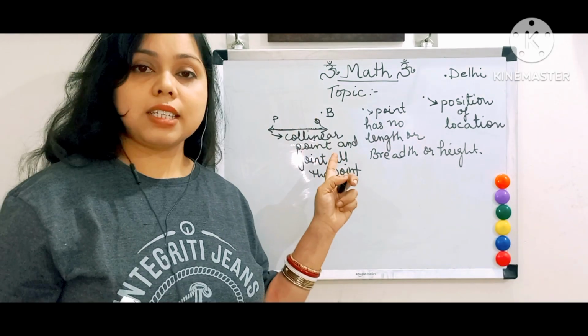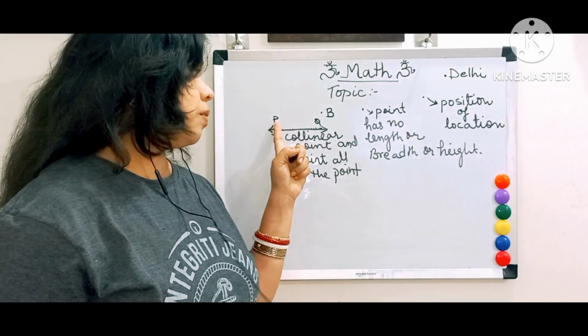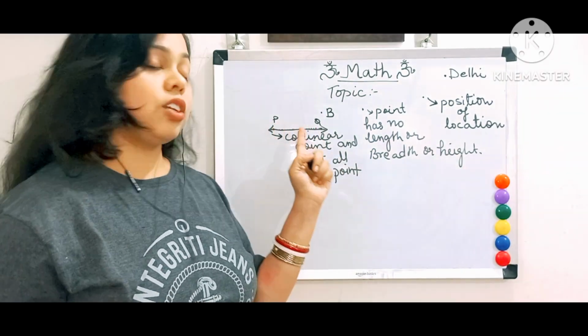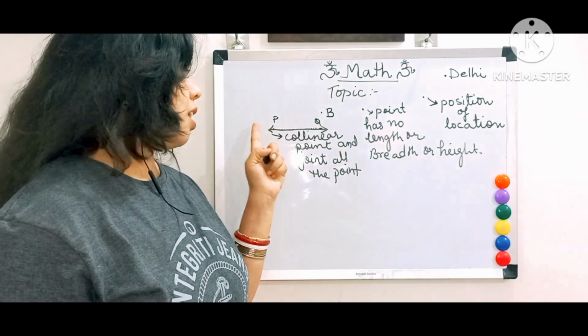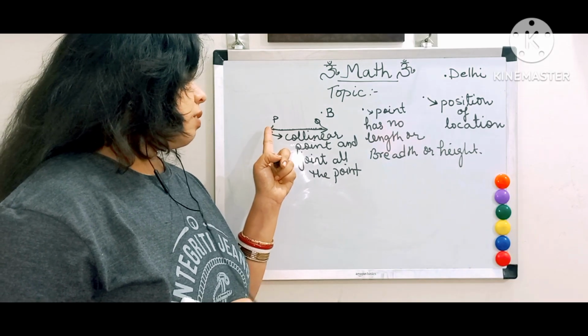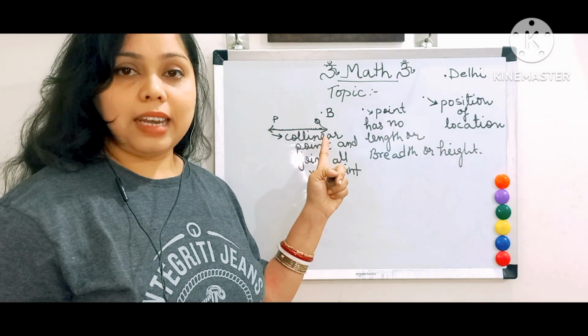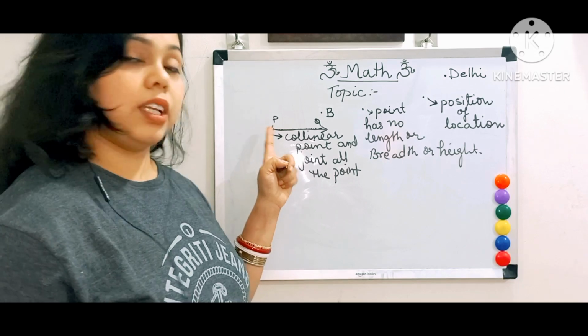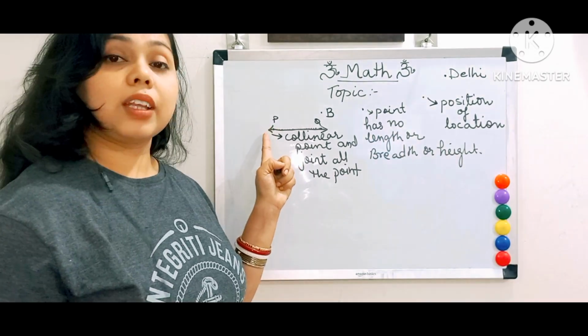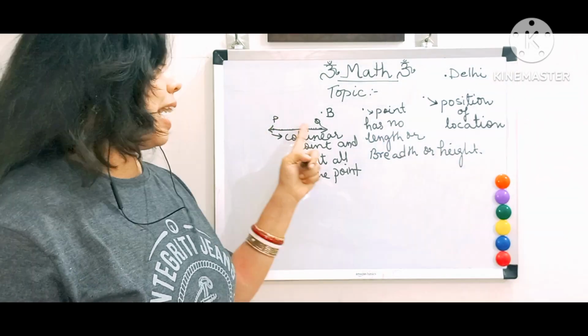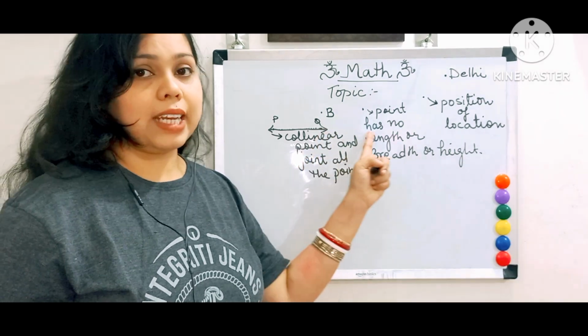Now, this is a line which has points P and Q, and P and Q are at the end of the line. That means from point P the line can be extended, and from point Q the line can be extended.